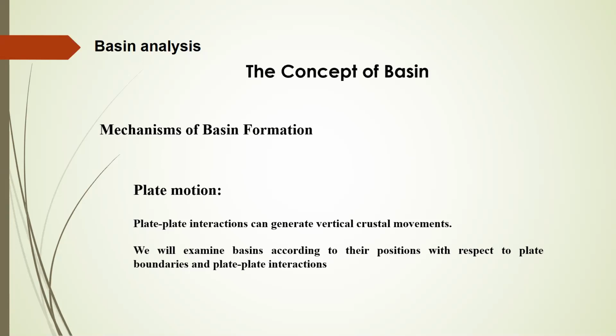So we will examine the basins according to their position with respect to plate boundaries and plate-plate interaction. Plate-plate interaction is the most important factor in basin formation, and it controls the basin structure.